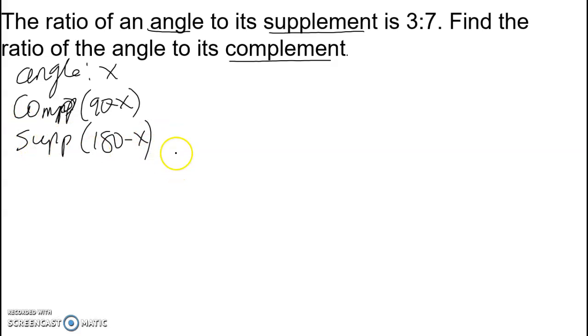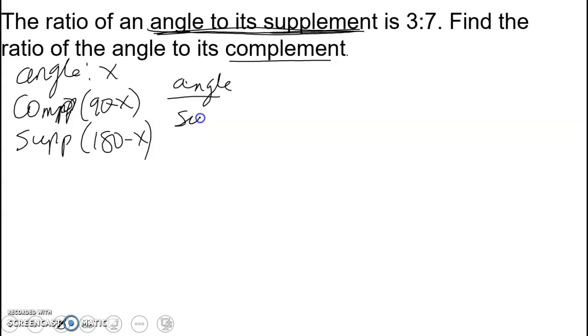Now we are ready to set up an equation. Your first step is setting up an equation to find what x is before we can solve the problem. Since we are given the ratio, we can write it as a fraction: the measure of the angle over the supplement, because that's what we are given, angle to supplement. The angle is x, the supplement is 180 minus x.